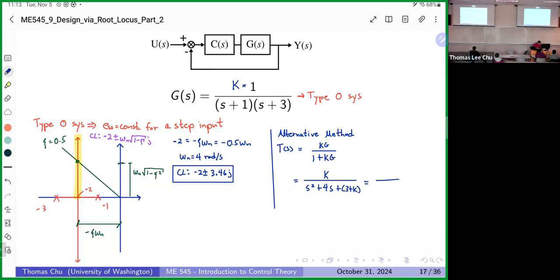And then you set that equal to your second order, I'll call this K1. You set this equal to your generalized second order transfer function that is underdamped.